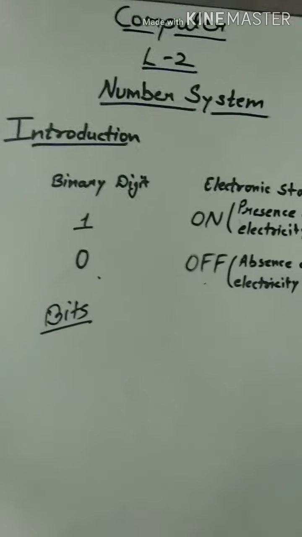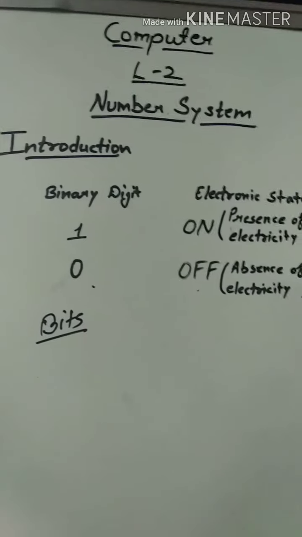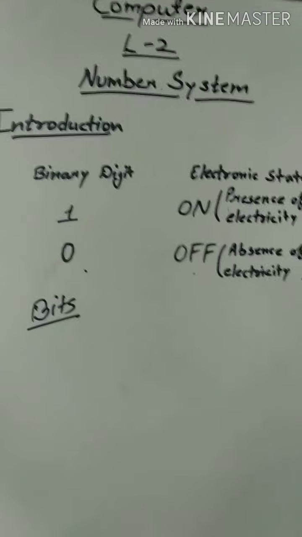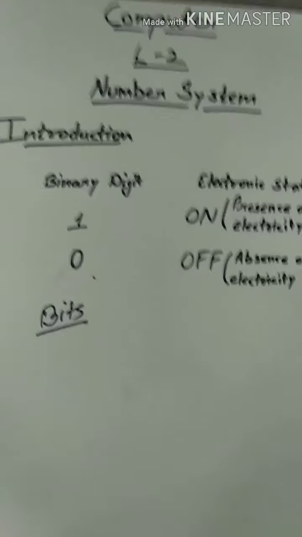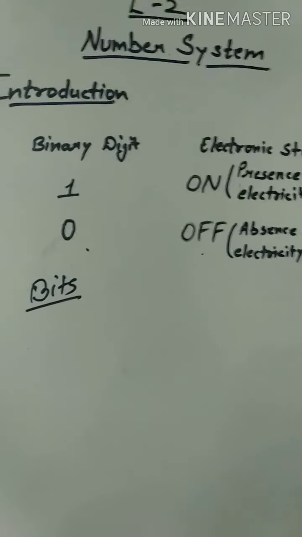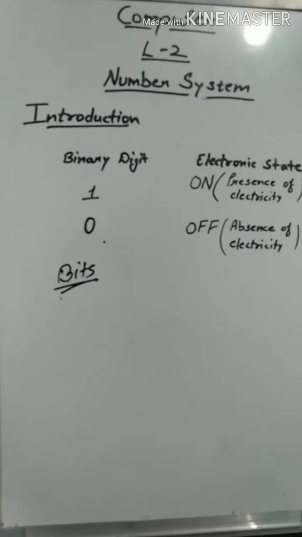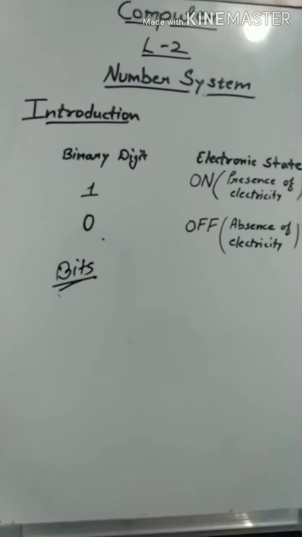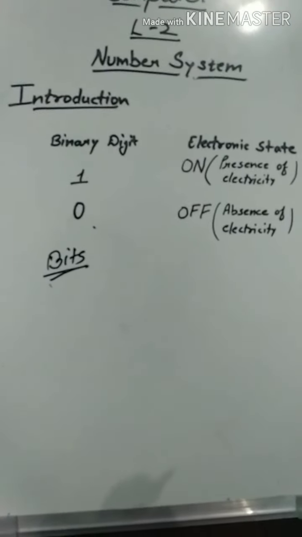When we talk about the number system, computer uses the binary number system. In this system we have two unique digits, that is 0 and 1, which are called bits. This bit is the smallest unit of data that a computer represents.